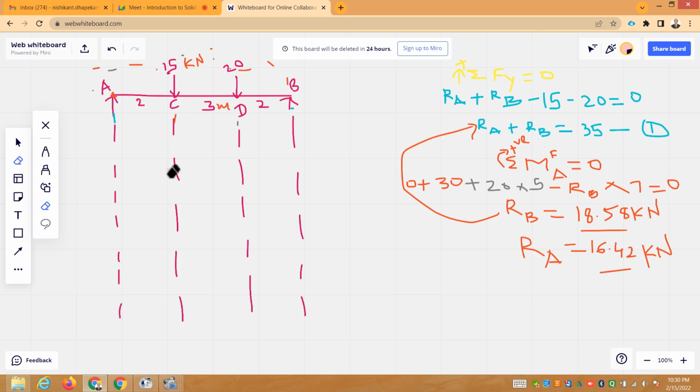Unless and until inclined forces act on a beam, you will not have to apply the equilibrium equation for summation of Fx, all horizontal forces equal to 0. So in this way you have obtained Ra and Rb.